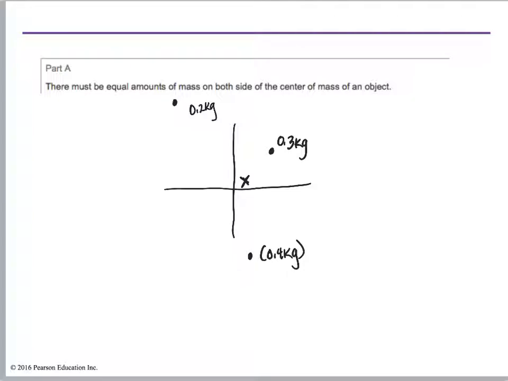Another example that I like to give is the seesaw. If you've played on a seesaw, the balance point, the point where the seesaw will balance, is also the center of mass.